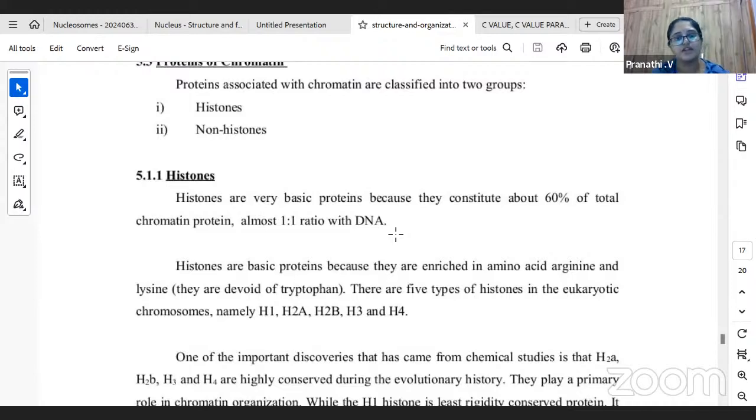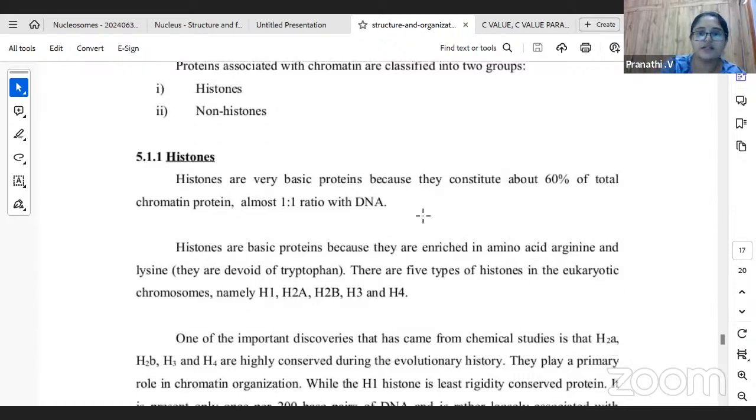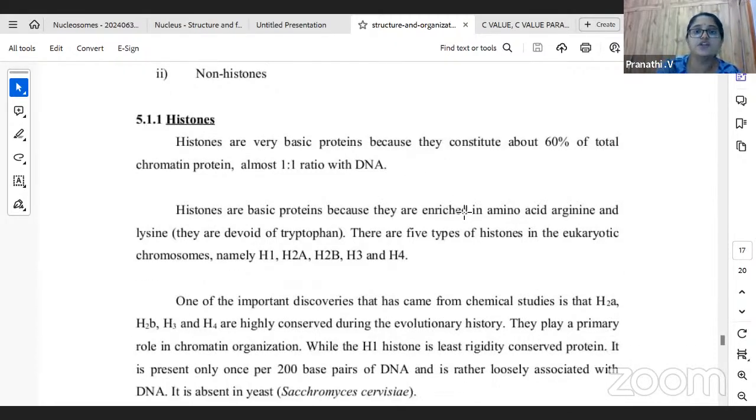Mostly you have arginine and lysine. You do not have tryptophan, and you have more amino-rich amino acids, in fact, and 5 types are present in eukaryotes. They make up around 60% of the total chromatin protein, and are equal in amount to the DNA that is present.